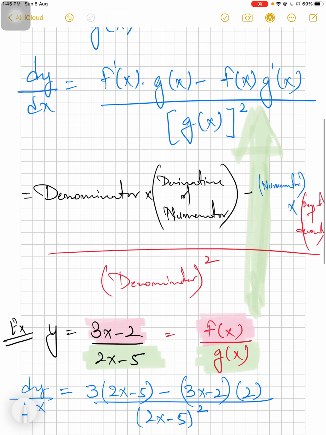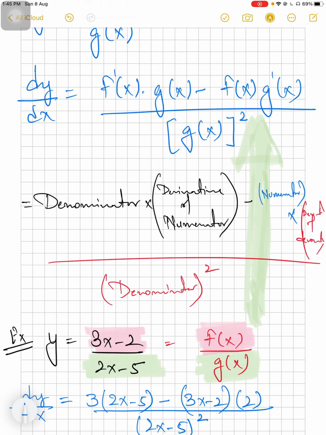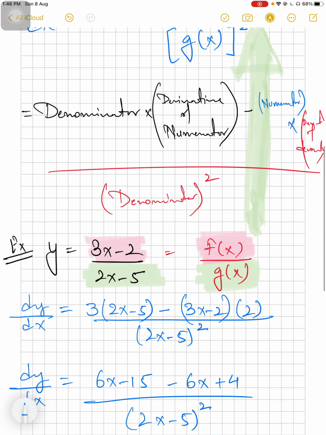What you have to do is understand how your quotient rule works, because it's a little lengthy when we compare it with the product rule or your power rule for that matter. So remember, the first thing is denominator times derivative of numerator, that comes together, minus numerator times derivative of denominator, so that's one complete thing, and the whole thing is divided by the square of the denominator.